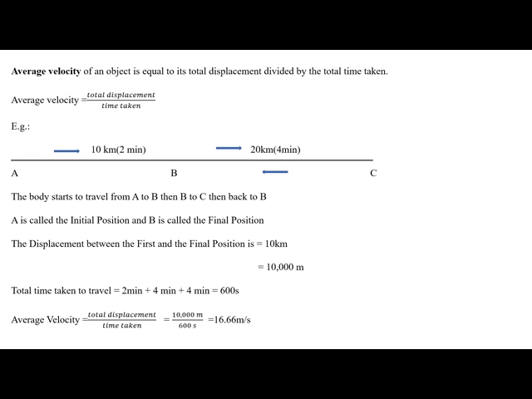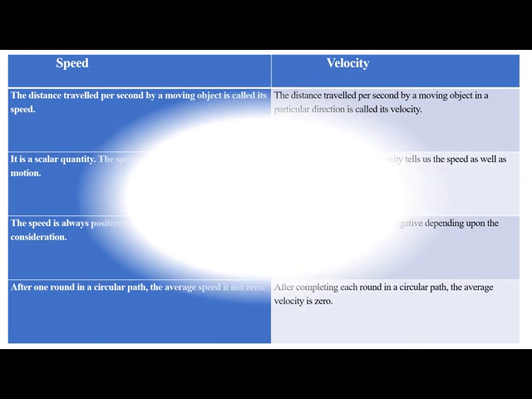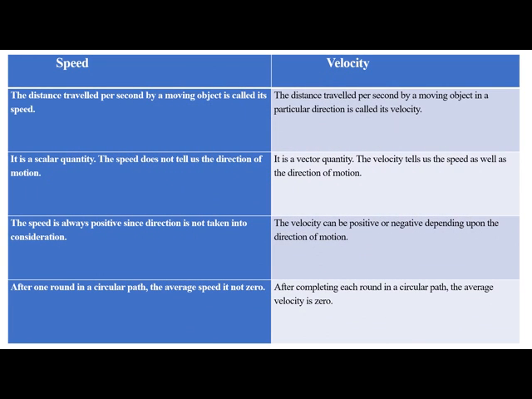So what is the difference between speed and velocity? Let us see the highlights of speed. Speed is the distance traveled per second by a moving object. We simply say it is the magnitude traveled by the object per second.